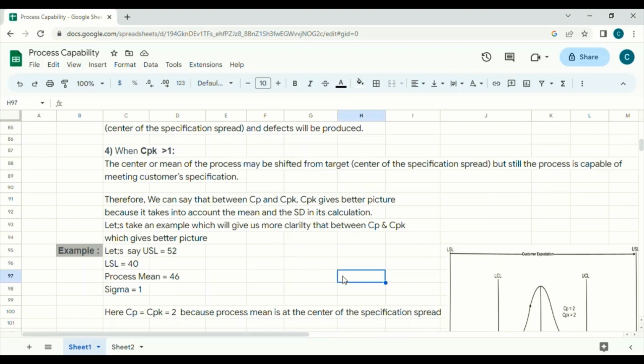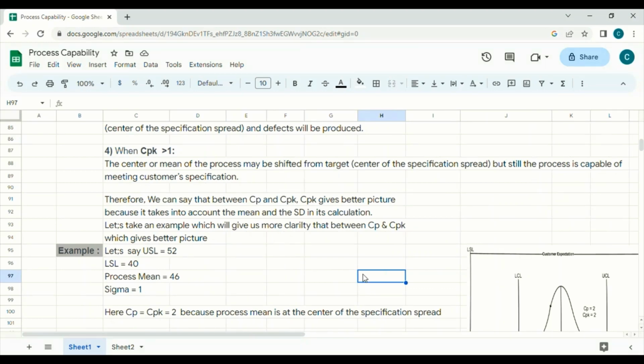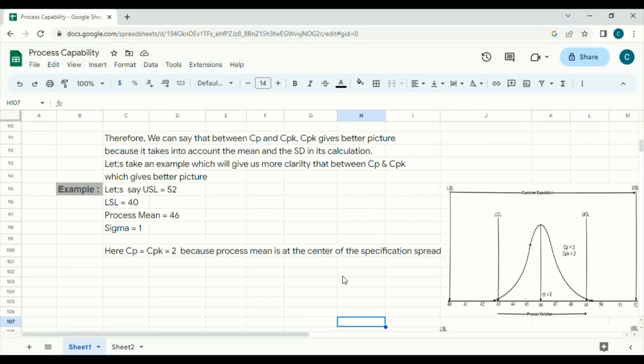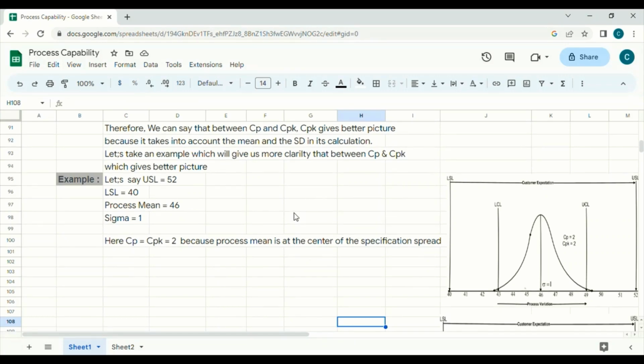Now let's take an example to understand which one gives us more clarity. Here in this example, I have shown you a few scenarios where we'll see how Cp and Cpk are different from each other.